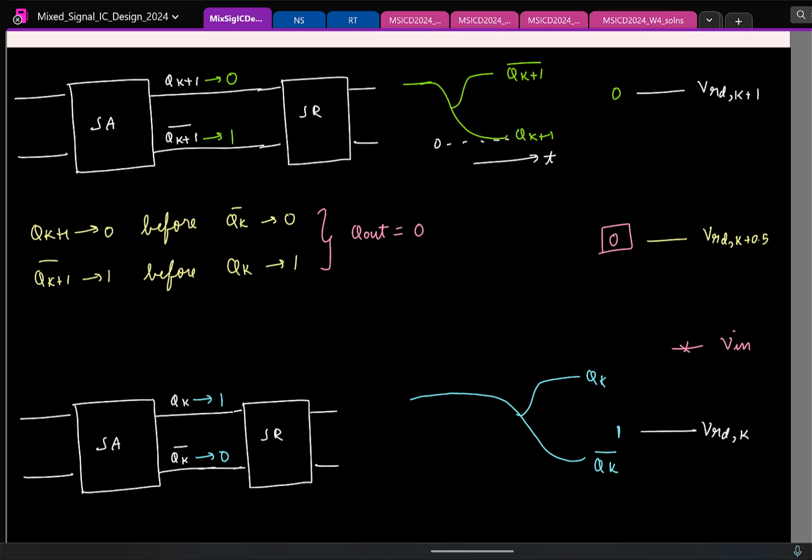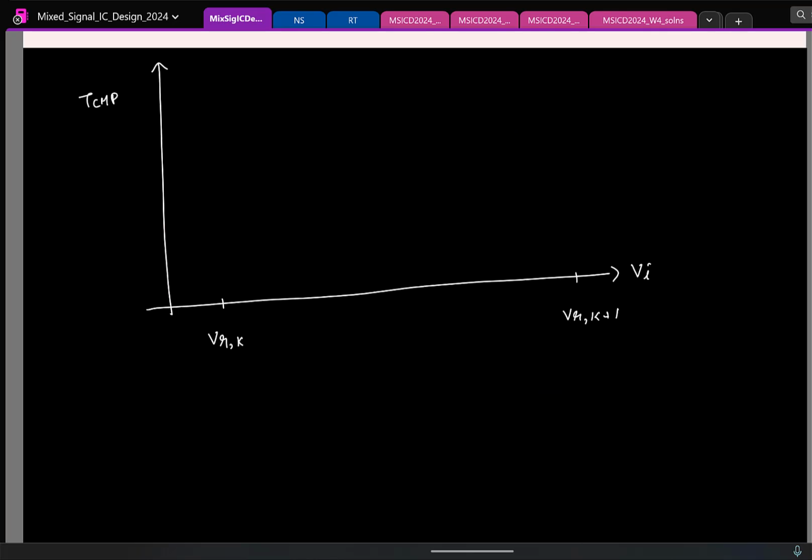If I keep increasing the input, the delay of the bottom comparator, is it increasing or reducing? That is reducing if I keep increasing. Similarly, the top comparator's delay will increase, right? So if I sketch this, the bottom comparator's delay starts to reduce, and the top one starts to increase like this.